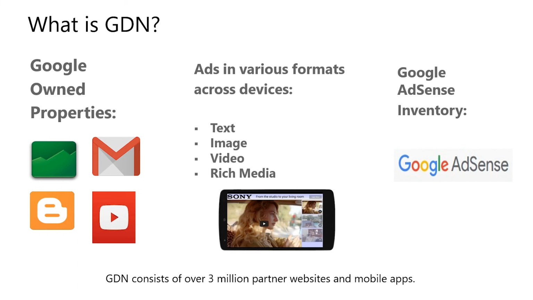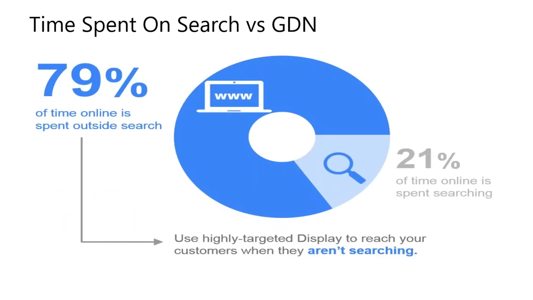So these are partner websites such as NDTV here in India, and millions of websites across the globe on which you could show your ad, whether it's a text ad, image ad, a video ad, or a rich media ad. You could show your ad on these partner websites and mobile apps through Google Ads.